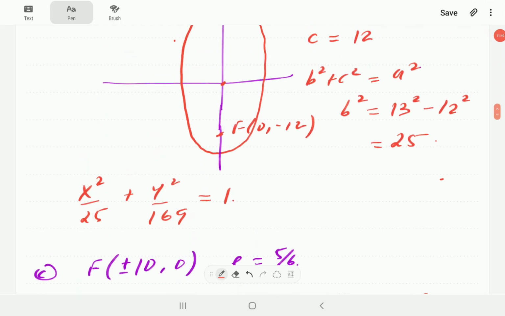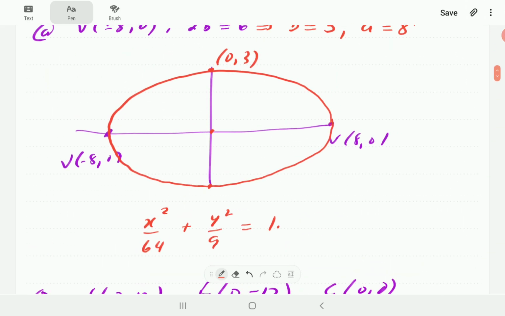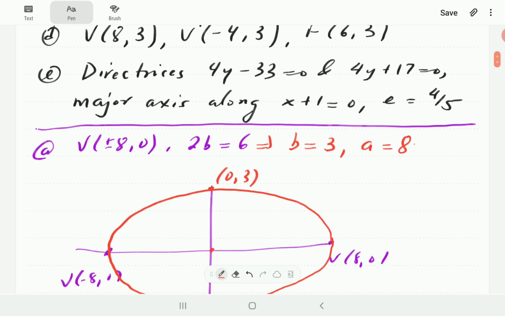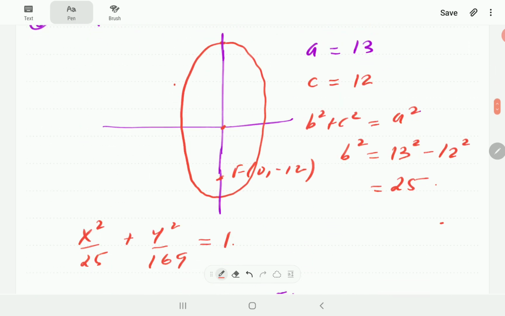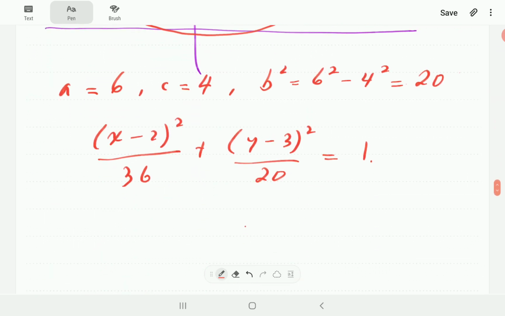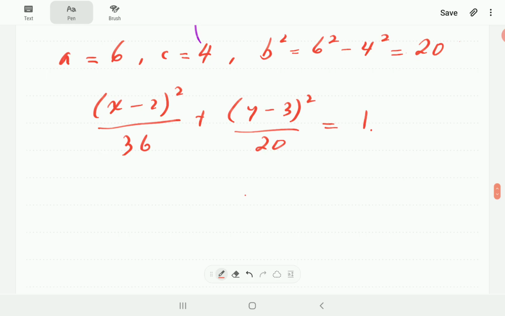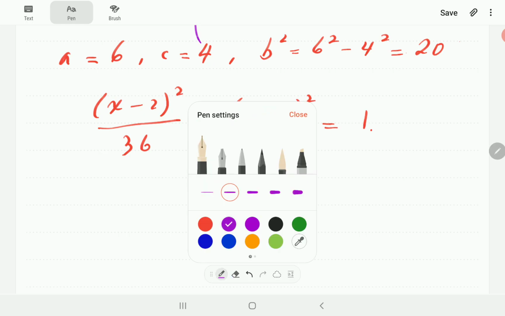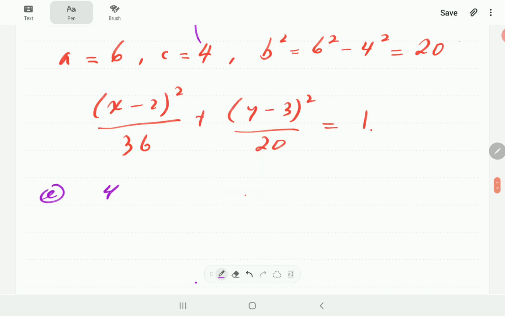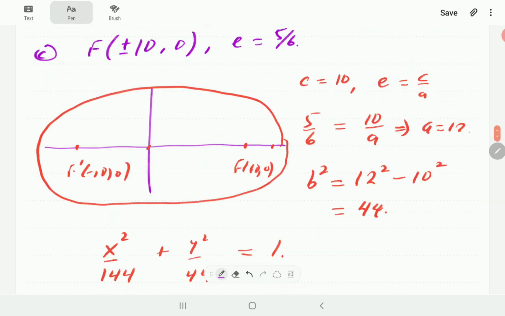Okay, next we're going to go to E. In E we have directrices given by the equations 4y minus 33 equals 0, and 4y plus 17 equals 0.